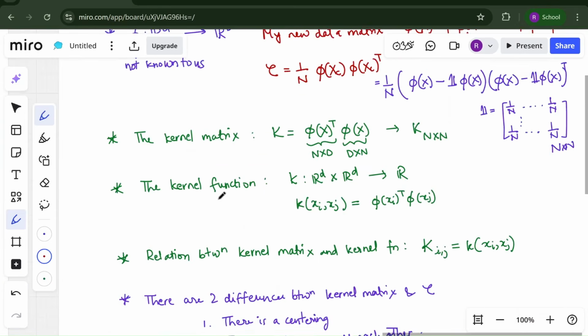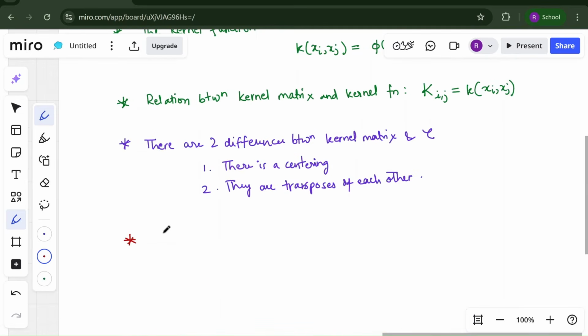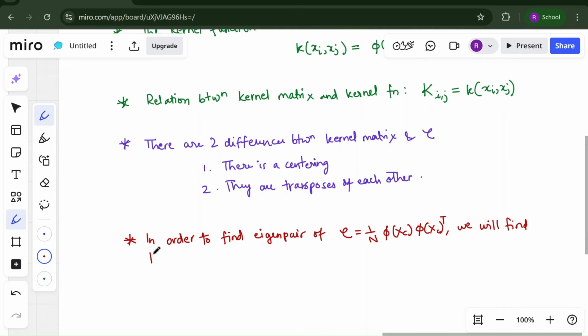Okay, so what is the idea? In order to find the eigenpair of the covariance matrix C, which is equal to 1 by n times phi x phi xc transpose, what we will do is find the eigenpair of K. What is K?